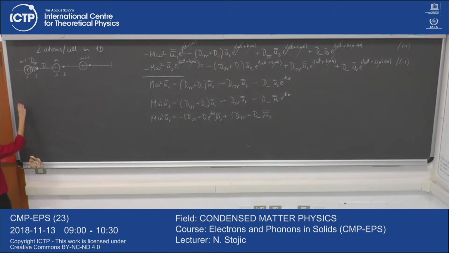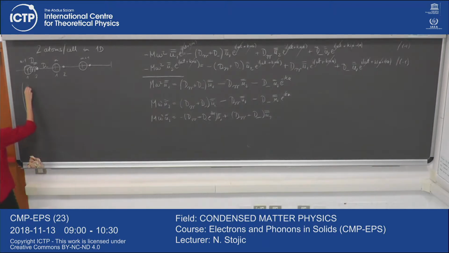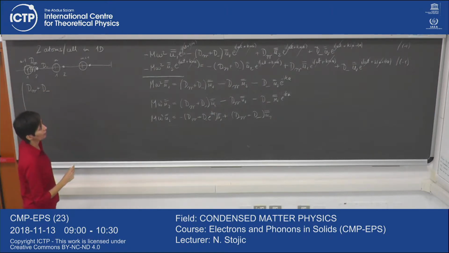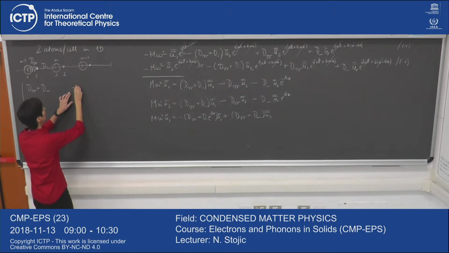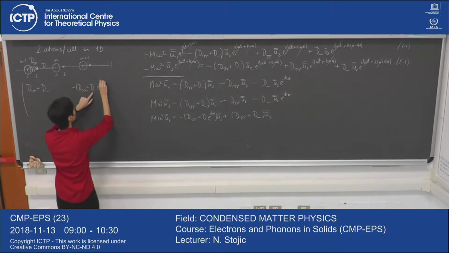Any other mistakes you found? We might still. Okay, so I have a matrix. I'm writing the first one. Next to U1 is the strong plus the weak, and next to U2 is minus the strong plus the weak e to the minus ikA.